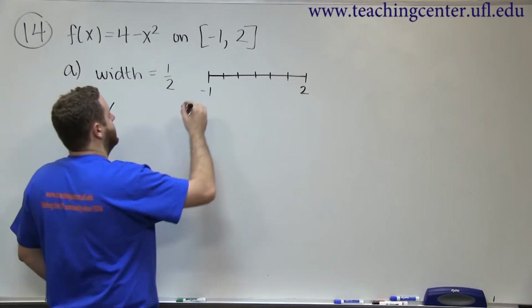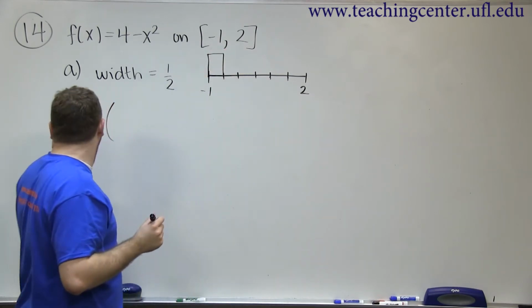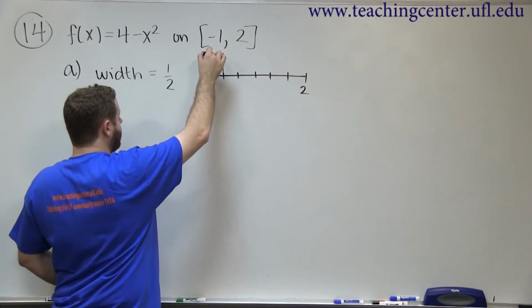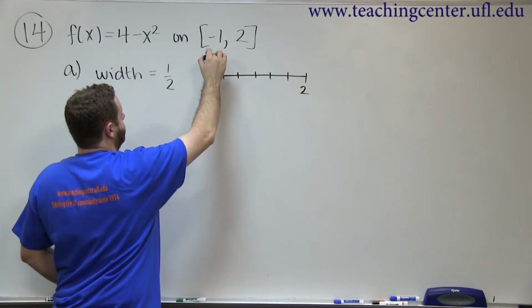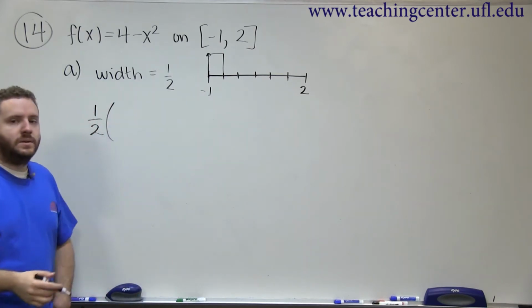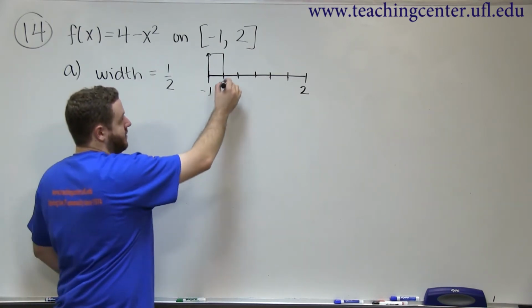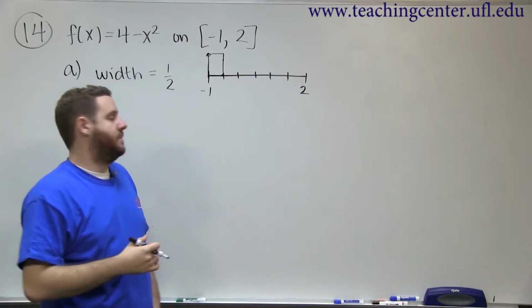So the first rectangle, for example, would have some shape where we determined its height because f of -1 was right here. So then the next rectangle is because f of -1/2, because that's the next number, was that height.